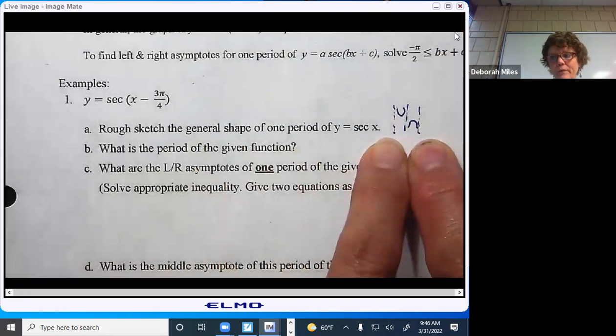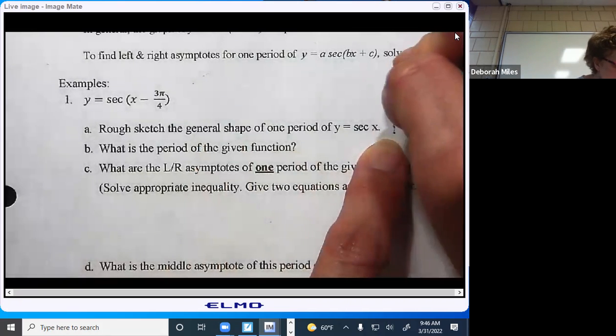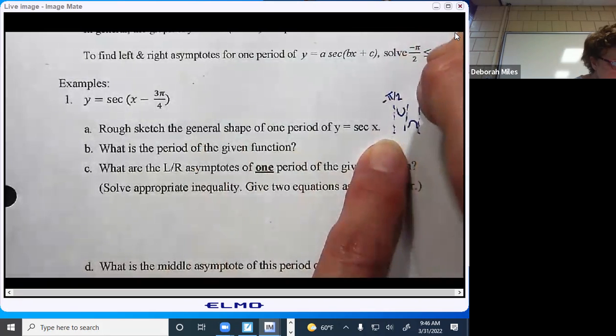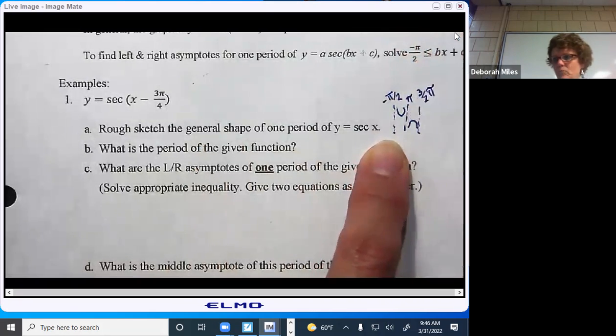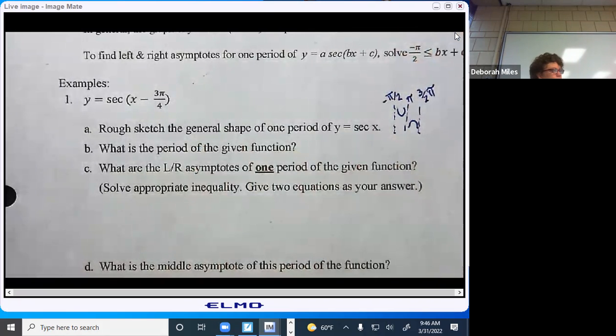I think it'll help you when they get shifted. So that left and right asymptote are negative pi over 2 to 3/2 pi. And the middle one is pi over 2. When you just ask me what secant looks like, that's the mental image that pulls up real quickly.